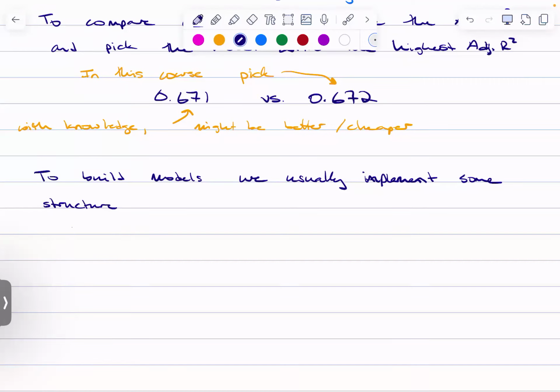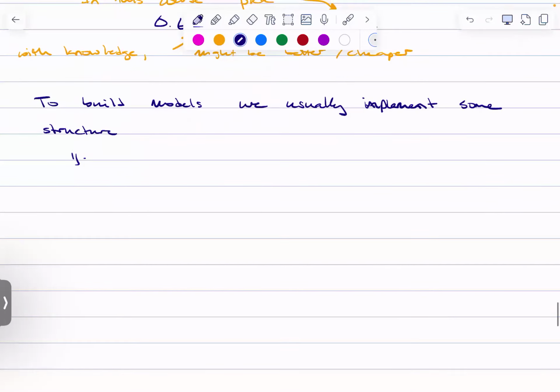The first one is called backward selection. Backward selection means you start with your full model, and then you take away explanatory variables or predictors one at a time.